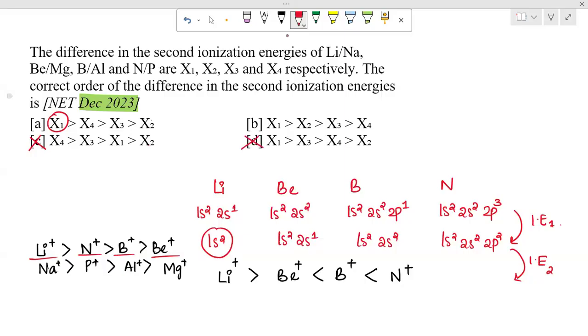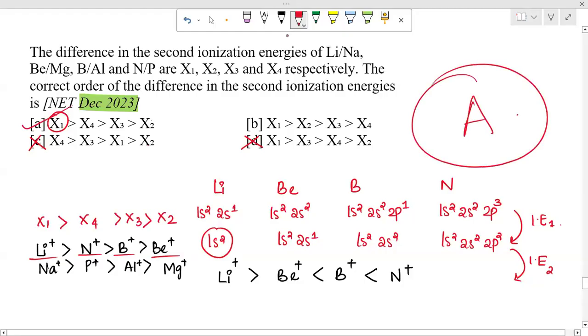That is, it's not D. Nitrogen by phosphorus, which is X4, will be the second. So this is X1, X4, X3, and finally X2. Option A is the correct answer. Why did lithium come first? Because this is a noble gas configuration. That's it.